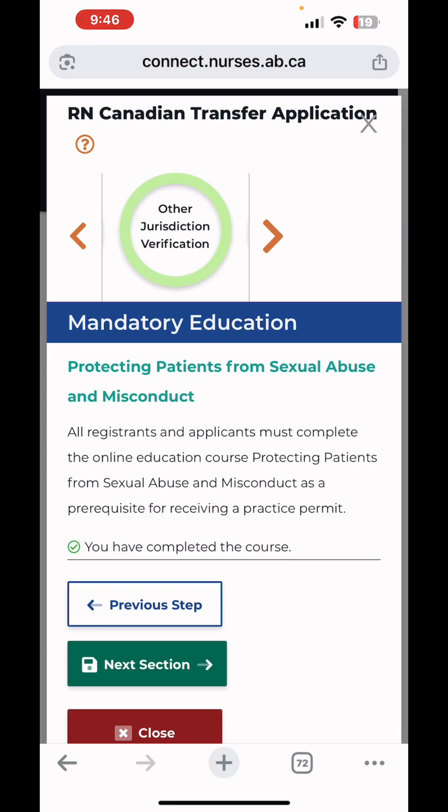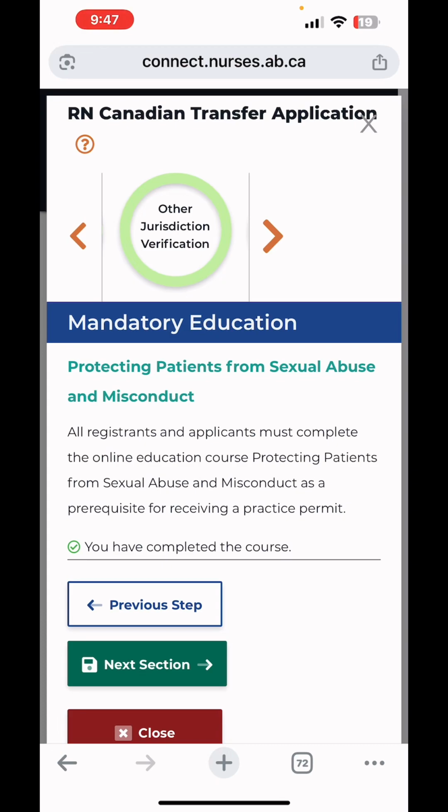So next is other jurisdiction verification. Suppose you are an RN in Ontario, so you have to go to your CNO account, and there is an option called verification for other jurisdiction.